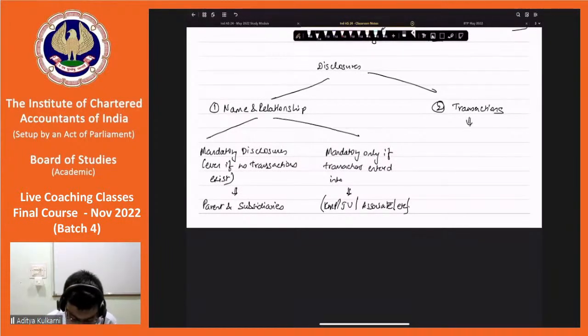In the case of transactions, what are you going to disclose? All financial statement items like incomes, expenses, assets, liabilities, plus you will also disclose non-financial statement items. Example, contingent liabilities.